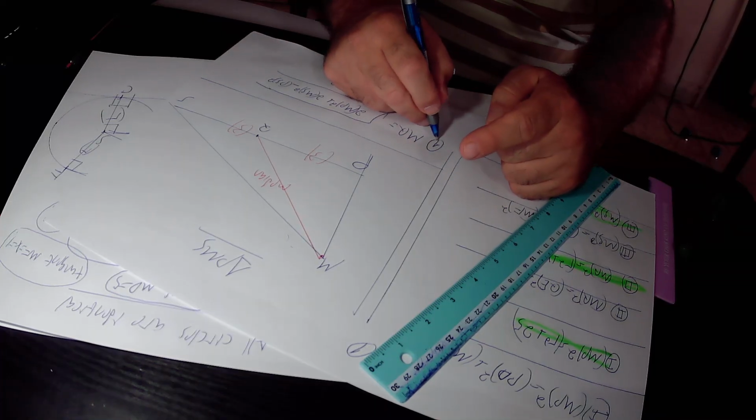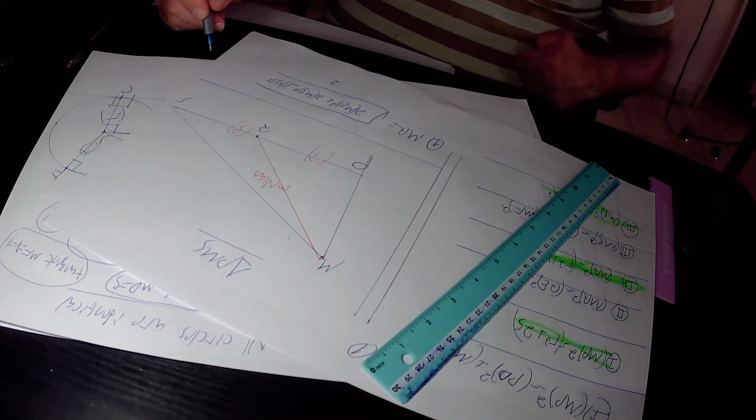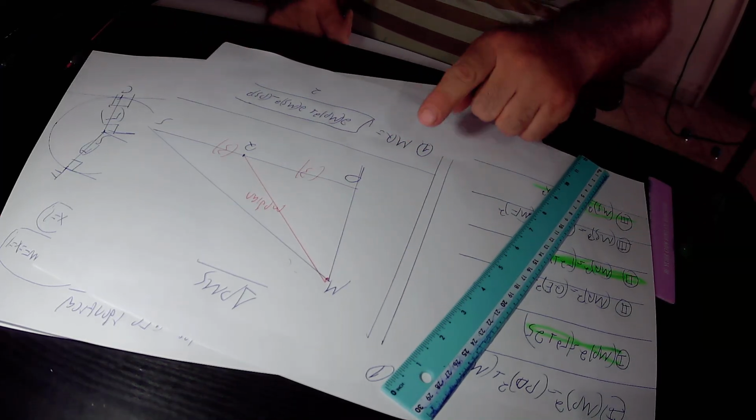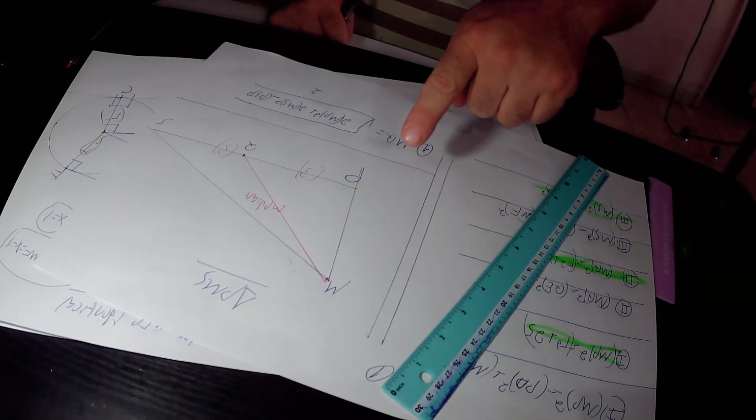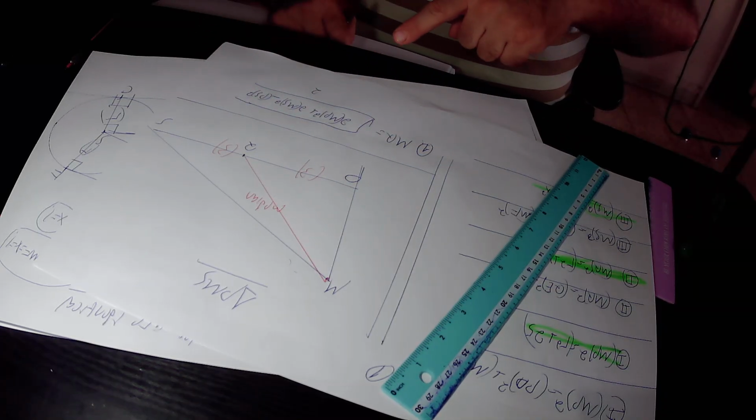Again, according to the new formula, the length of the median MQ is equal to the square root of (2 times MP squared plus 2 times MS squared minus PS squared) divided by 2.